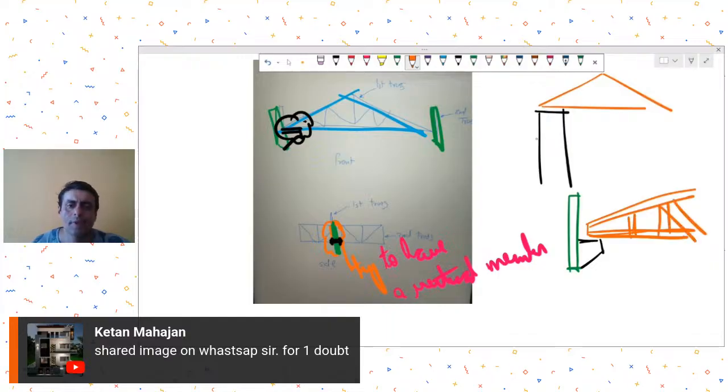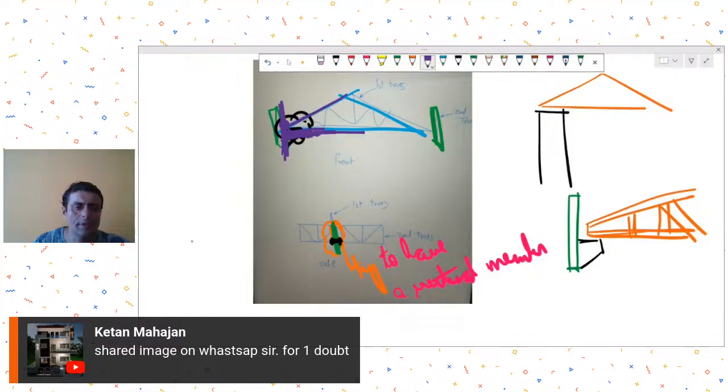Another option can be that you directly connect one member to this vertical member, again through some gusset arrangement, and the bottom chord also gets connected to the vertical member of the second truss, again through some gusset arrangement.